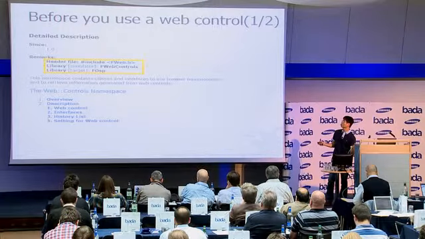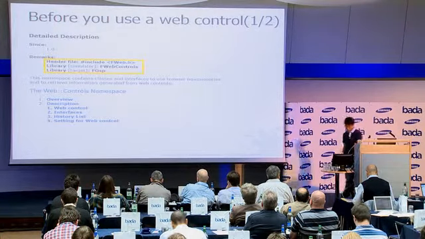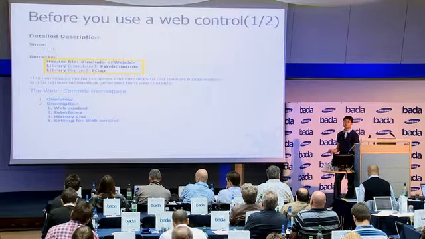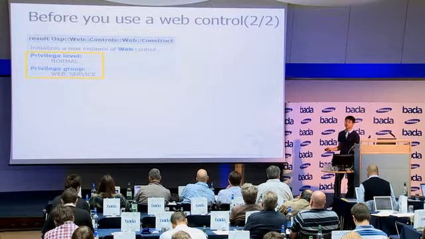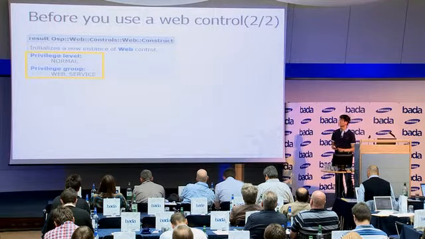When you are developing on a simulator, please add the web controls library. And to use the web control, a privilege is needed. So the web service privilege group is needed, and its level is normal, so everybody can use it if you want.